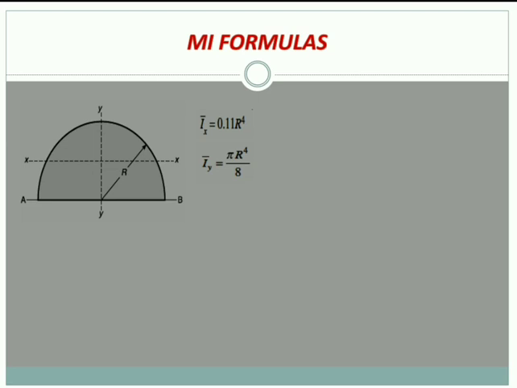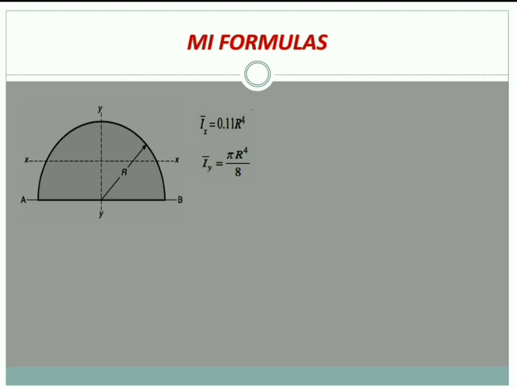Now similarly, if the semicircle is in the second and third quadrant, or in the first and fourth quadrant, in that case the semicircle will be symmetrical about the horizontal axis. In that case, Iy will be equal to 0.11 r raised to 4 and Ix will be equal to pi r raised to 4 by 8.